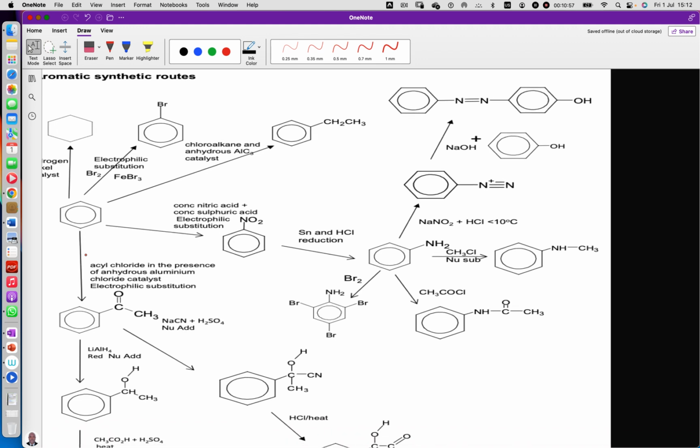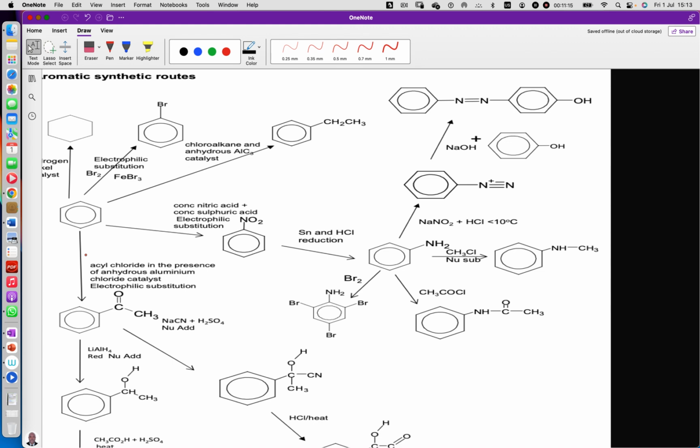We have the reagent in this case, bromine. We will also have iron 3 bromide, or a halogen carrier.